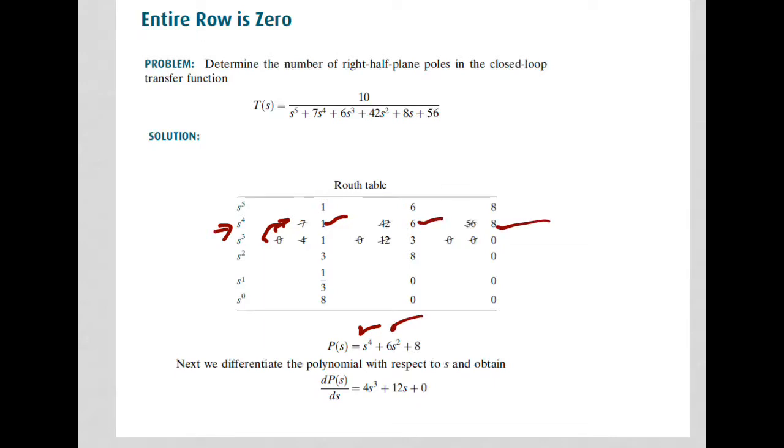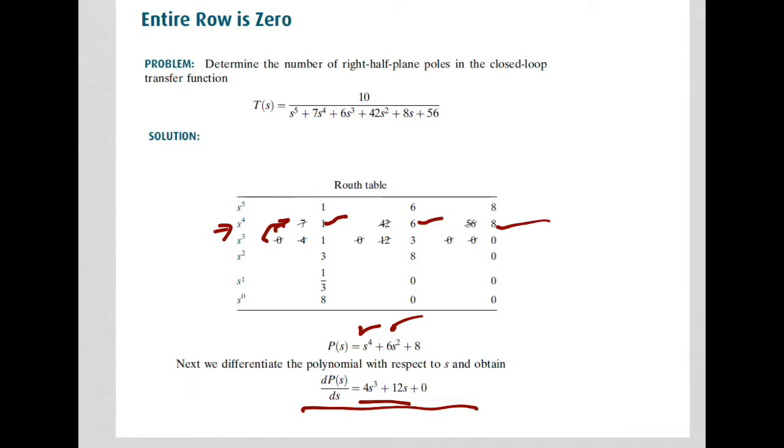So this polynomial is s^4 + 6s^2 + 8, and then we differentiate this polynomial with respect to s, and we get 4s^3 + 12s + 0. Finally, we use the coefficients of this equation to replace the row of zeros.